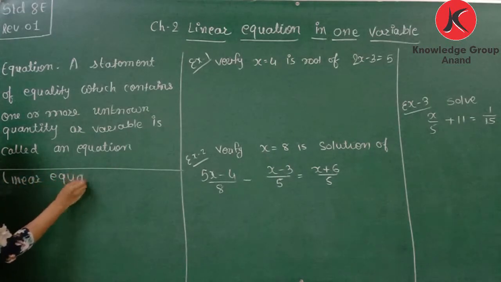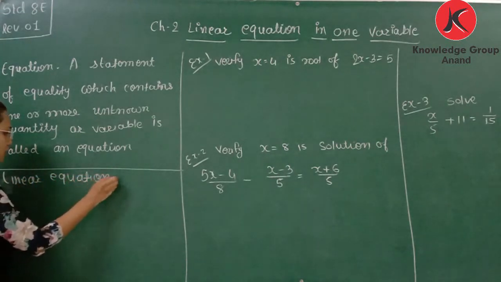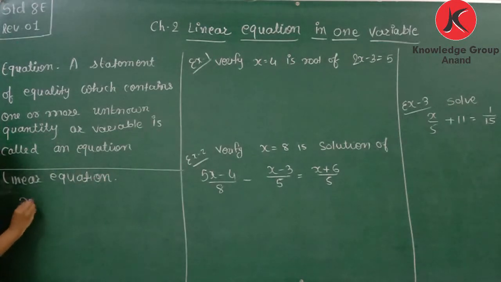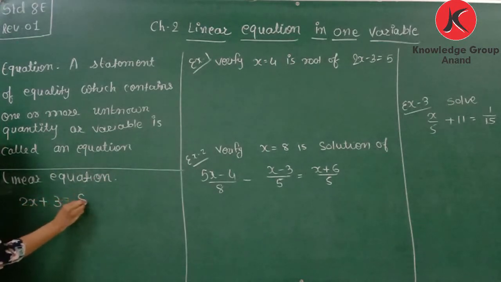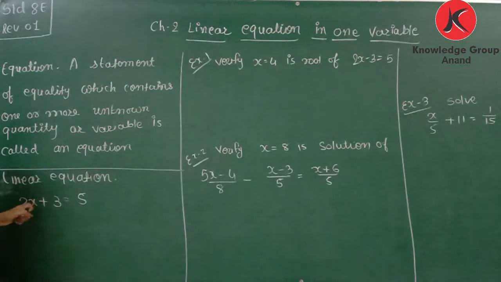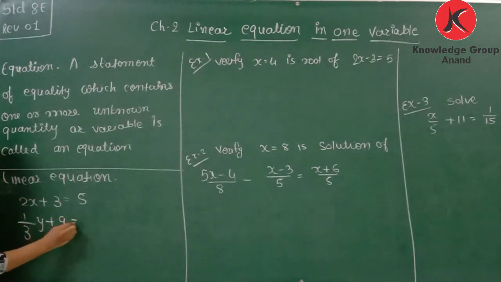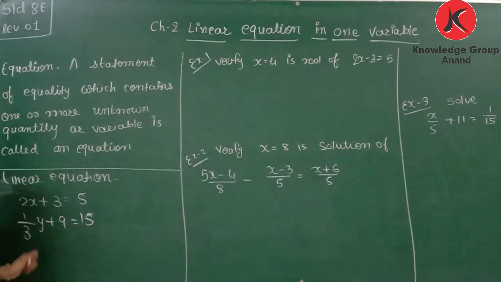So what can we call a linear equation? If we have 2x plus 3 is equal to 5. Here you can see power of x, means exponent of x, is 1. So that's why it is a linear equation. 1 by 3y plus 9 is equal to 50. This is also a linear equation. Why? Because here exponent of y is 1.